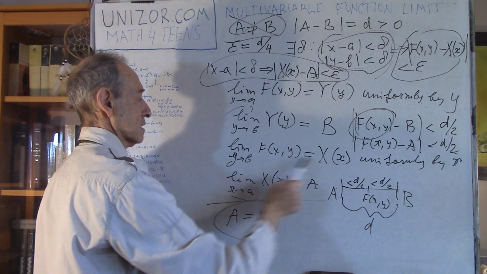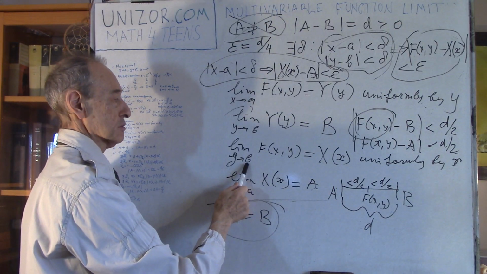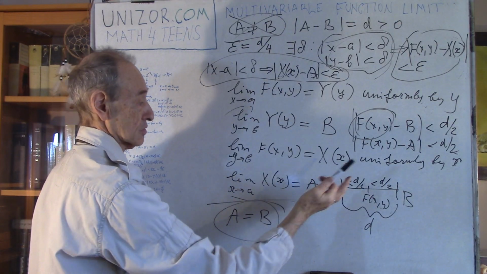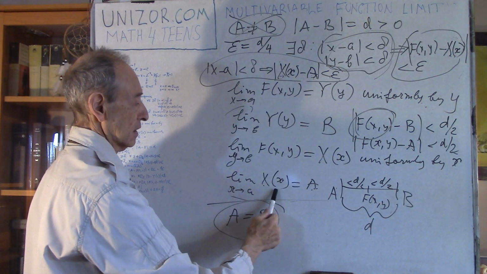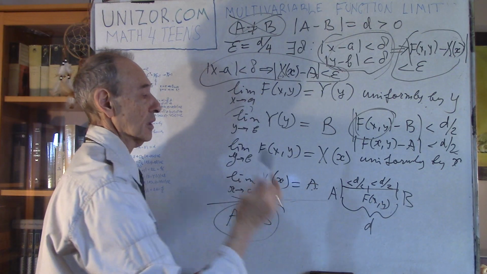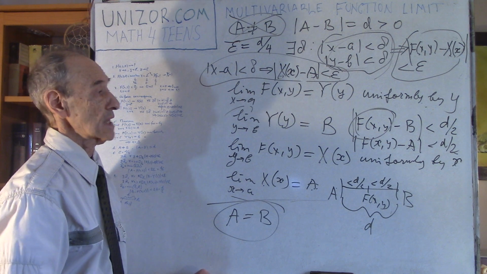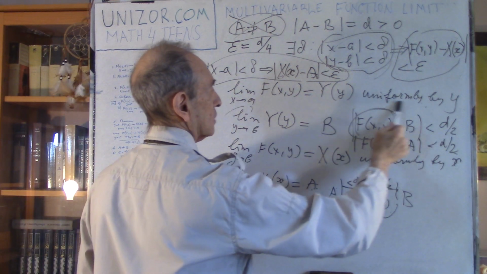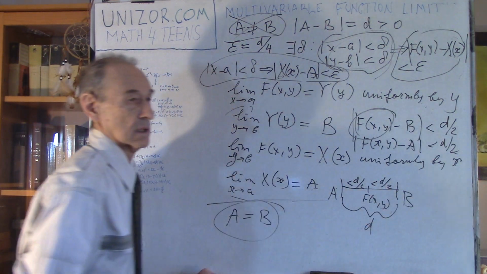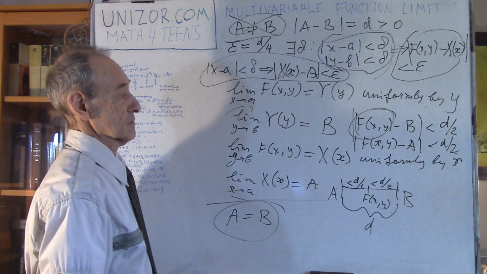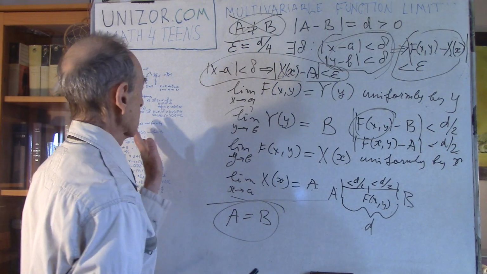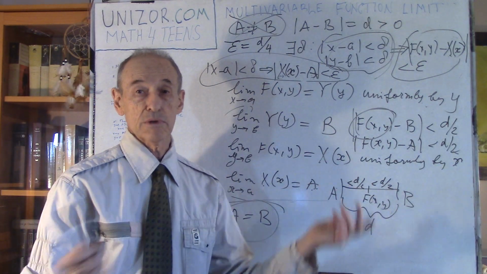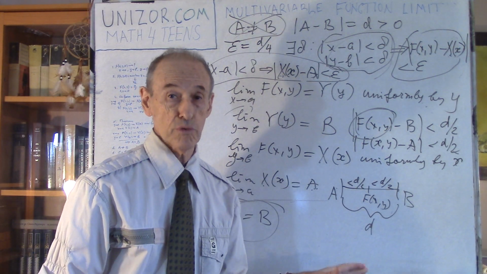We don't touch x and do only y goes to a limit, and we will get some kind of function of x. And then we do the limit by x, we get another value, and that value must be exactly the same if uniformity is satisfied. And in whatever example I did before, when the limit does not exist, there was no uniformity, obviously.